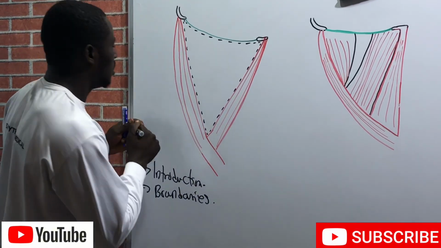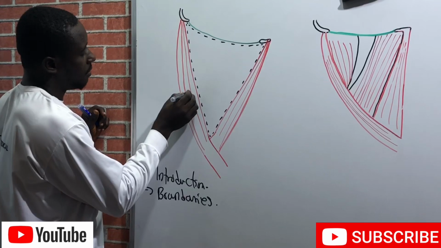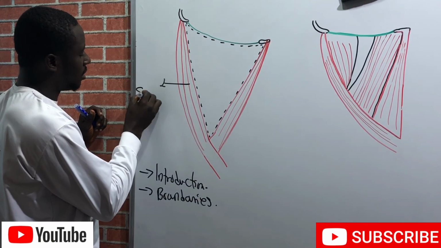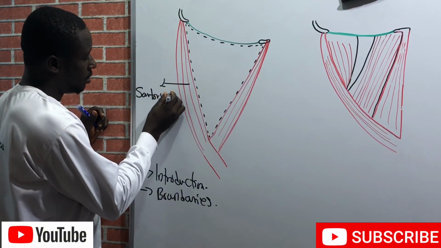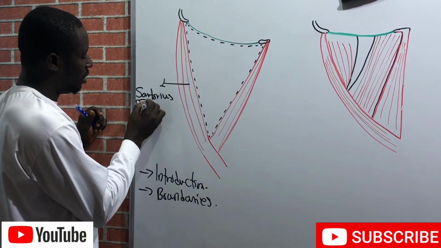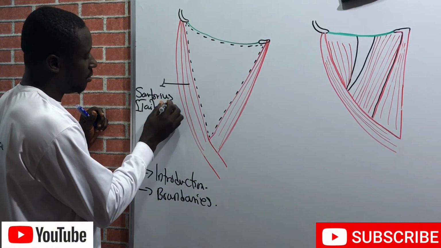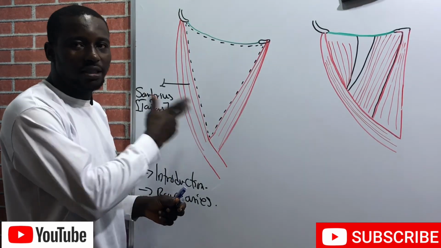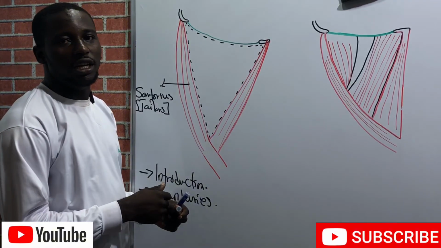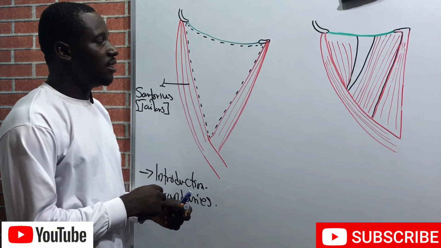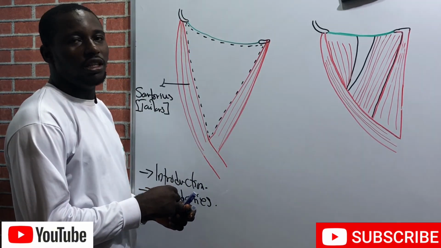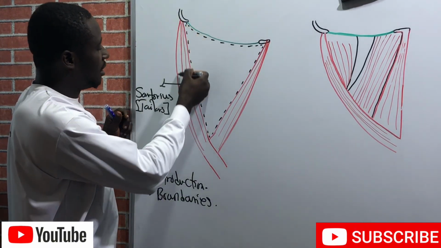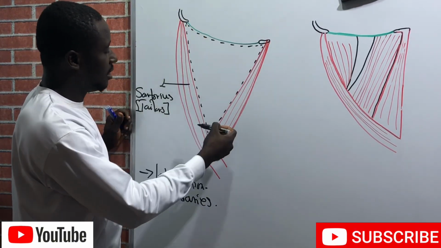So here is the lateral boundary, the sartorius muscle. This sartorius muscle can be called the tailor's muscle.